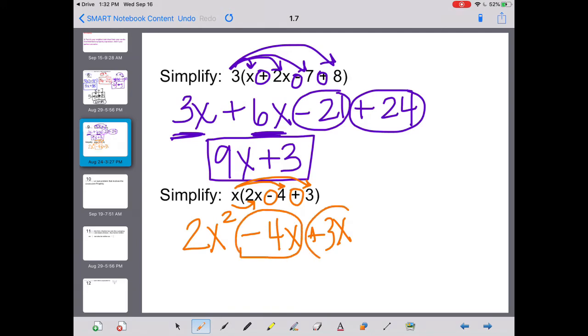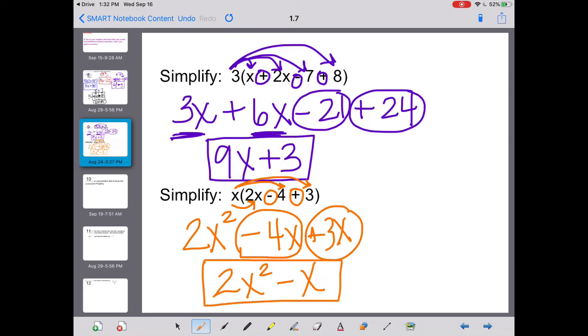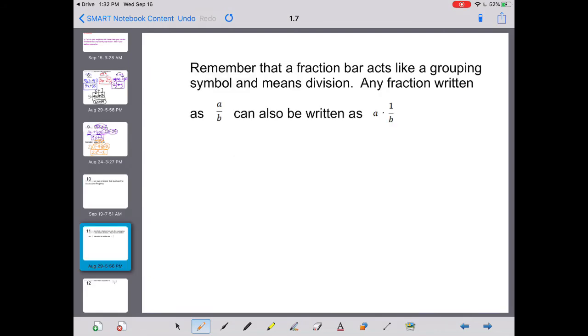And then I can combine negative 4x plus 3x, which will leave me with 2x squared minus 1x. Feel free to stop, rewind, and rewatch these if this is a lot of steps and it's confusing you.